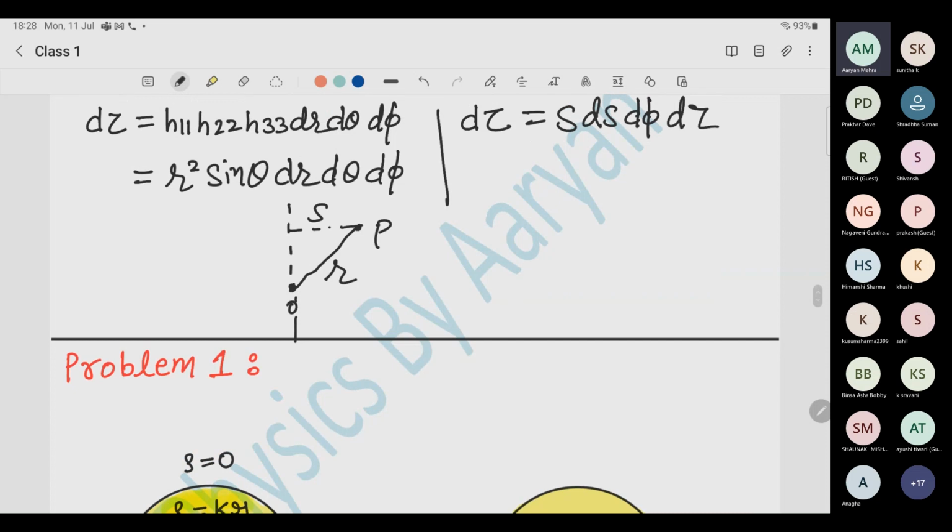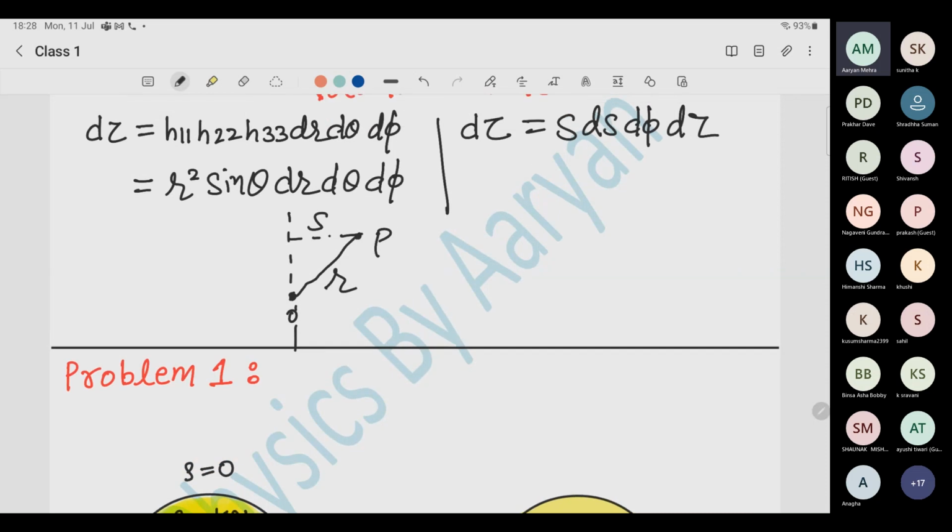This is the difference between s and r, which everybody should remember. I made a very big mistake in the exam by confusing s and r, which is why I'm making it clear from the very beginning. s is the perpendicular distance from the axis and r is the distance from the origin. That is what you need to remember.